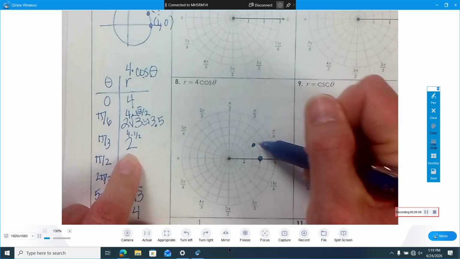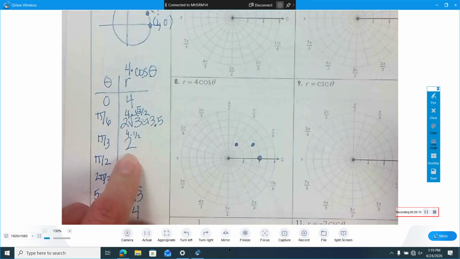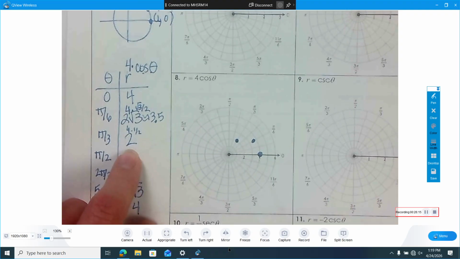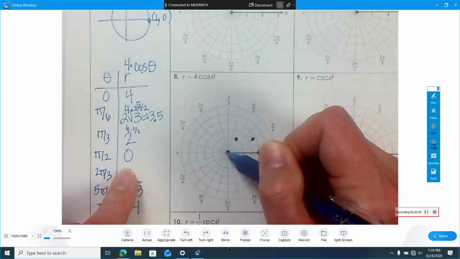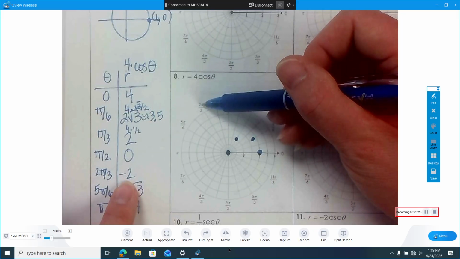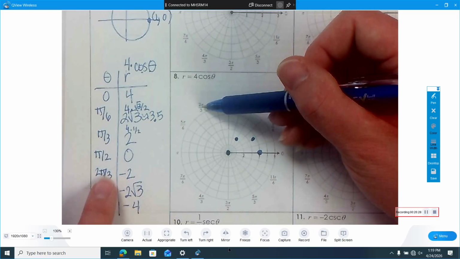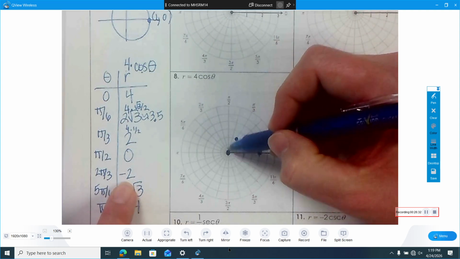And then at pi over 3, it's simply 2. And then at pi over 2, it's 0, so that is at the origin. And 2 pi over 3 is my angle that I'm looking at, but my radius is negative. What do you do? You go out the other side.